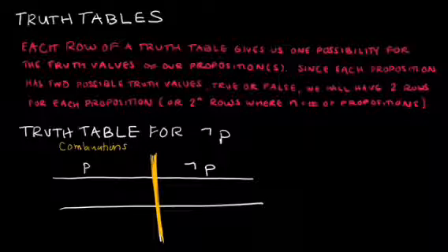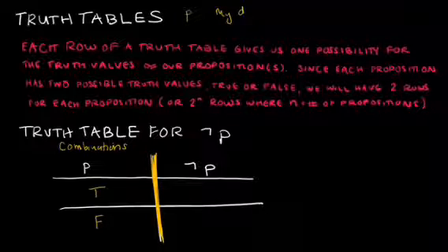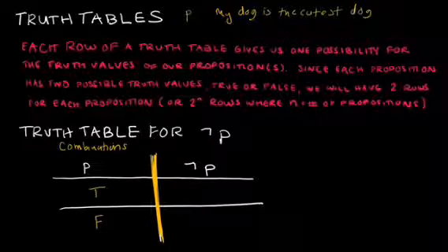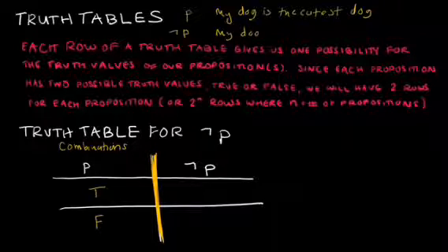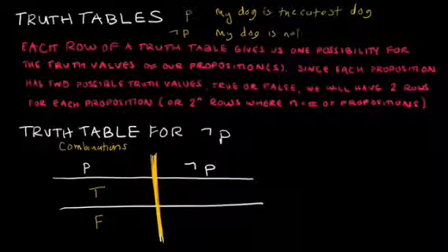So in this case, if I just have one proposition P, that P can either be true or it can be false. So let's say P, again, represented my dog is the cutest dog. Then not P represents my dog is not the cutest dog.